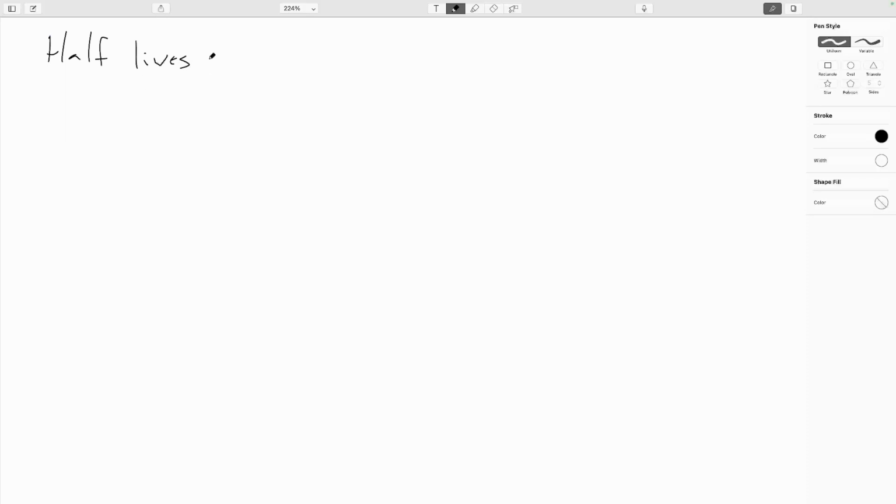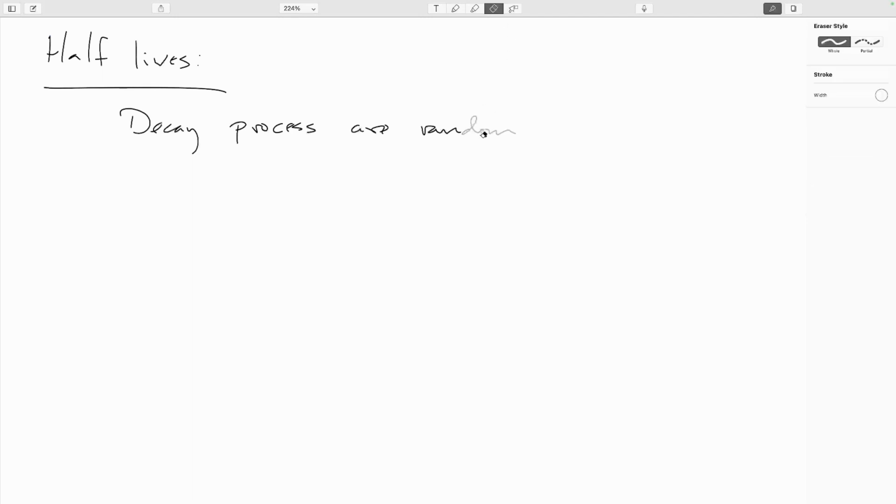The thing is that any of these decay processes are random. The way I like to think about it is, one of my favorite sayings about playing the lotto is that someone will win it and it won't be you.